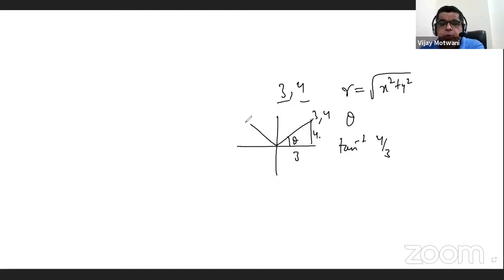What happens if the point goes to the second quadrant? Let's say the point is minus 3 comma 4. Then I always tell the students, don't worry about anything else. You make a right-angled triangle first of all, and then remember this angle is alpha. So theta is actually nothing but 180 minus alpha. And again, you can see alpha is still going to be equal to tan inverse 4 by 3. Signs do not play an important part; sign would be omitted.